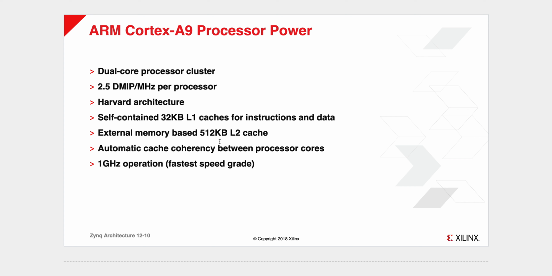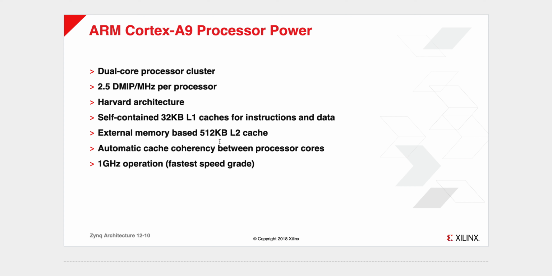This means that it ensures that data in the caches of multiple cores remains consistent. So coherence means consistent. So we need an ACC, or automatic cache coherence, for consistency of data and instructions in multiple cores.